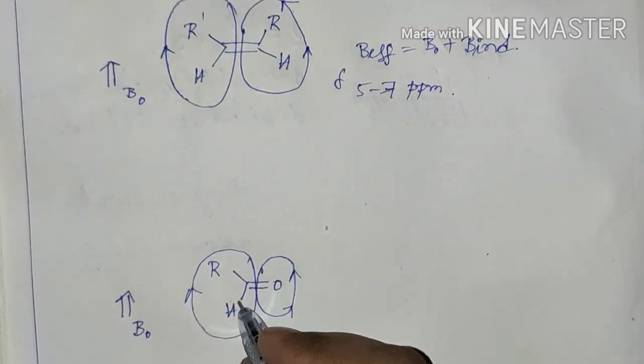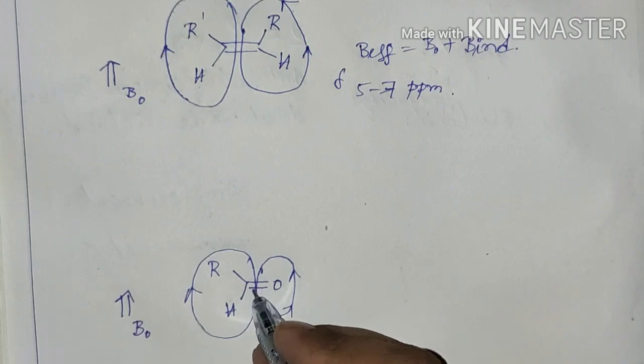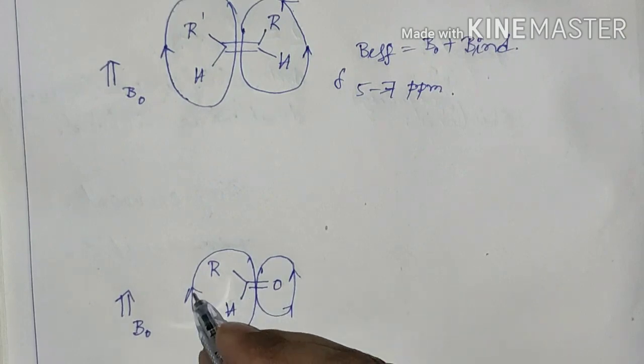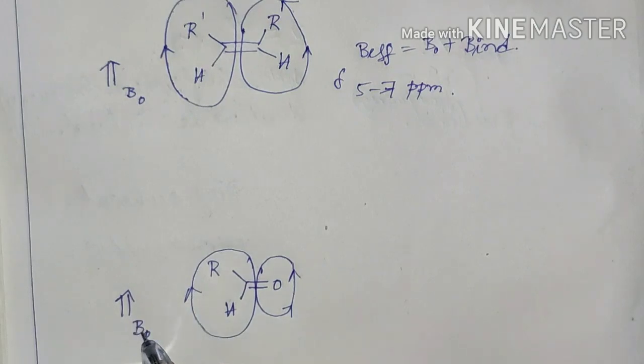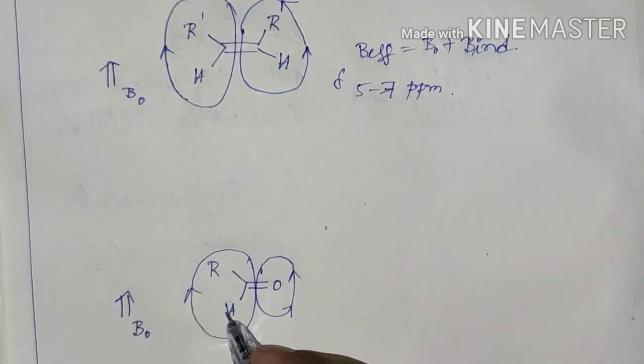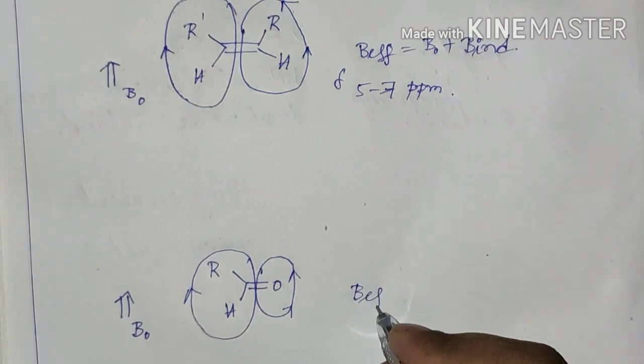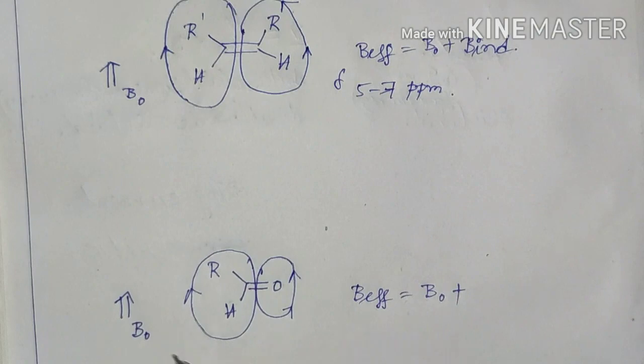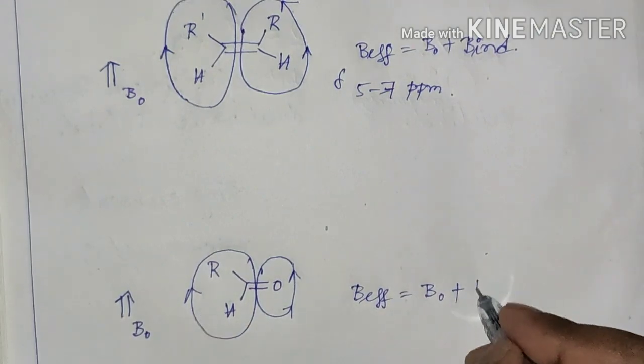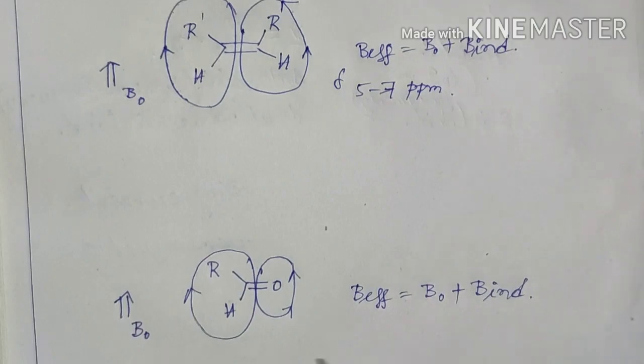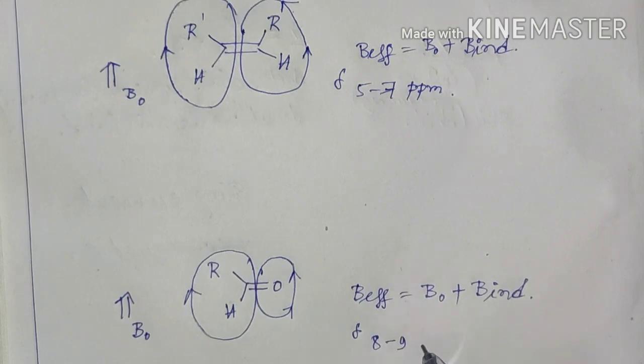Since this aldehydic proton is outside of this pi bond, and the induced magnetic field generated for this applied magnetic field is in the same direction as the applied magnetic field, the effective magnetic field experienced by this aldehydic proton will be the summation of the applied magnetic field and the induced magnetic field, and for that reason this aldehyde proton resonates at higher frequency and it will be deshielded. The value for this is near about 8 to 9 ppm.